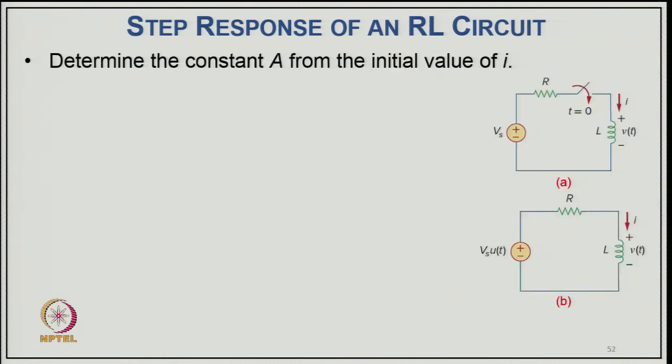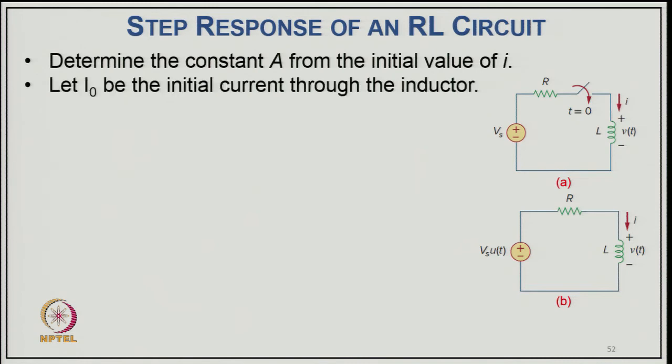And we can determine this constant A from the initial value of i, as you can see from the circuit initially and after applying the unit step function. Let I_0 be the initial current flowing through the inductor, and i(0+) = i(0-) = I_0.